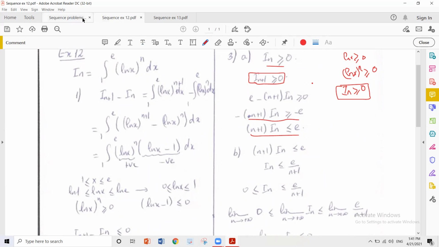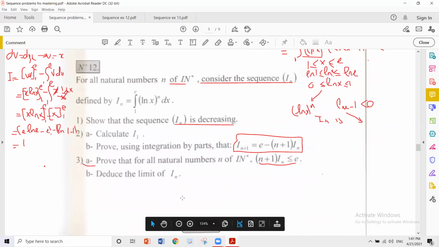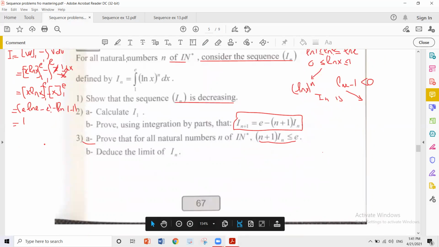Now, deduce the limit of I_n. How to deduce the limit of I_n? We put I_n between two numbers. Which two numbers?